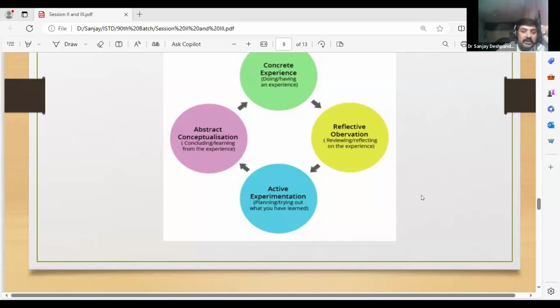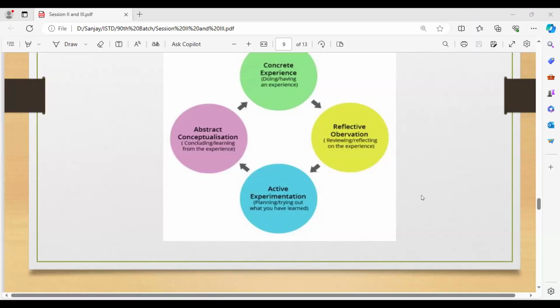You conceptualize new ideas. Okay, he did this, he failed. X did this, he failed. Y did this, he failed. So I should not do both of these. I should do something else. So new ideas start emerging. That phase is called abstract conceptualization. When you take lessons from different episodes and you conceptualize your own idea.